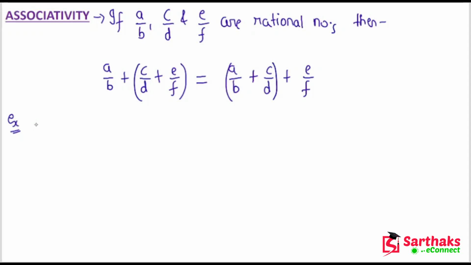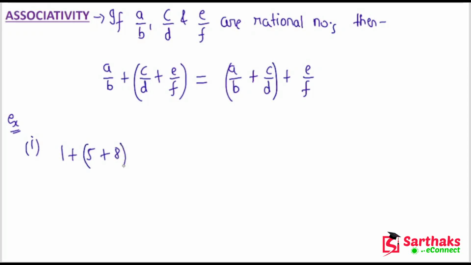First let us check it for integers so that it becomes easy to understand what we mean by associativity. You all know integers are a part of rational numbers, so if it holds true for rational numbers, it must hold for integers. Let us see. 1 plus 5 plus 8.